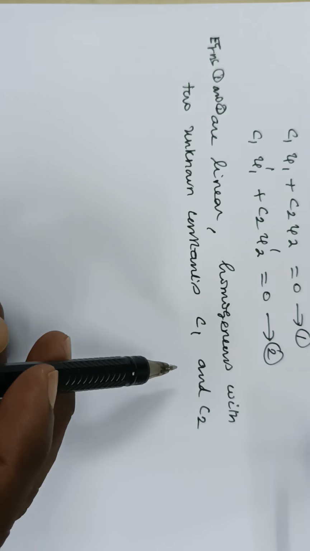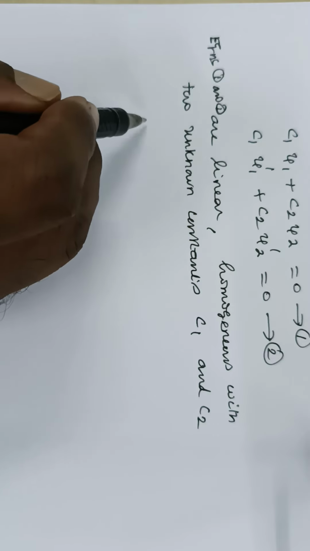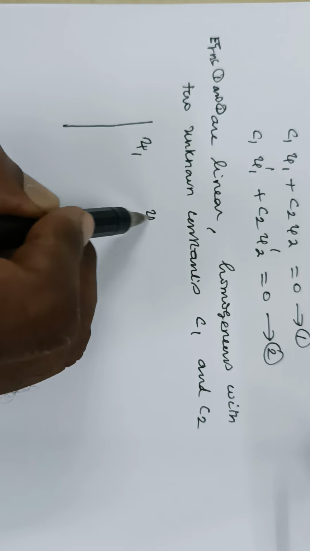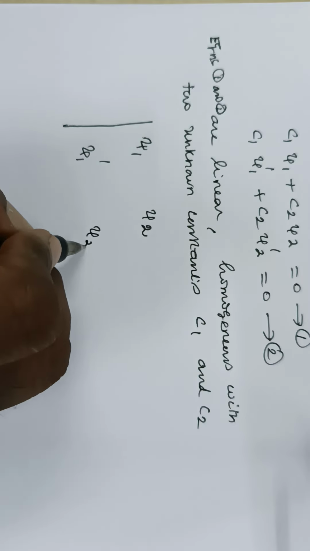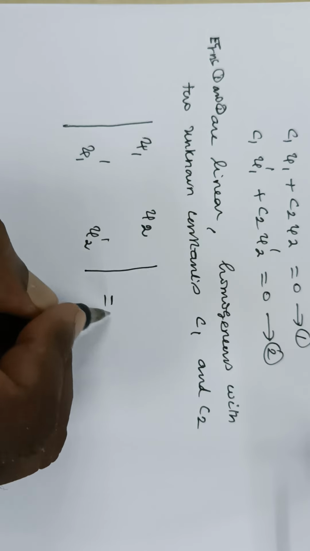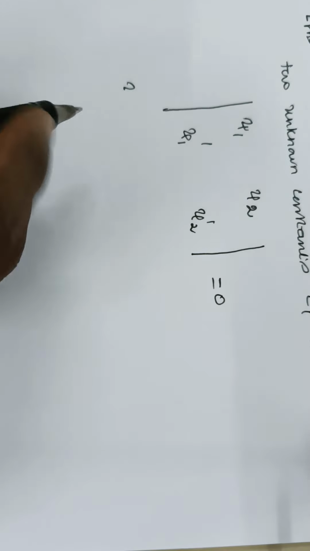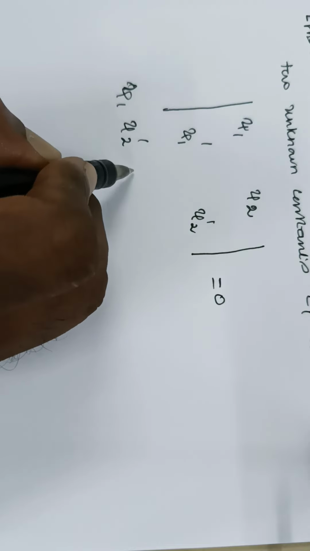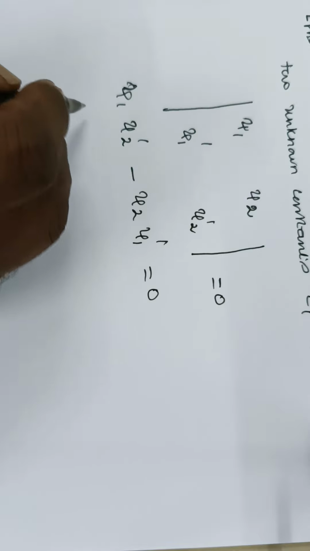These two equations have non-trivial solutions only if the determinant, just take the determinant, psi 1 psi 2 psi 1 dash psi 2 dash is equal to 0, which means that psi 1 psi 2 dash minus psi 2 psi 1 dash is equal to 0.